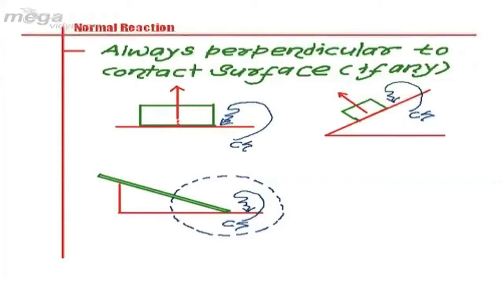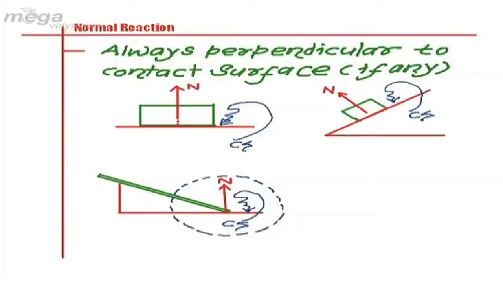So no doubt normal reaction at this end will act in this direction, perpendicular to the horizontal surface. This is the normal reaction here. In previous cases, normal reaction is perpendicular to the incline, and here again perpendicular to the horizontal surface.